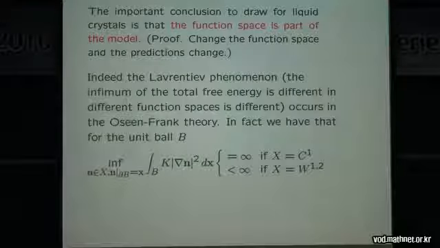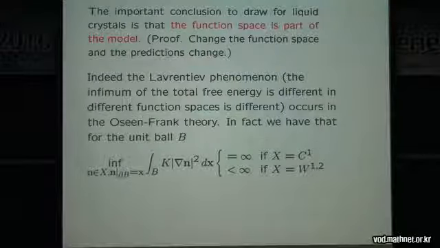Okay. And the Lavoisier phenomenon occurs in the Oseen-Frank theory. So, for example, if you take the one constant case here and you minimize subject to n on the boundary of the unit ball being x, then if the space is C^1, there aren't any unit vector fields that are C^1 that match that on the boundary, for topological reasons.